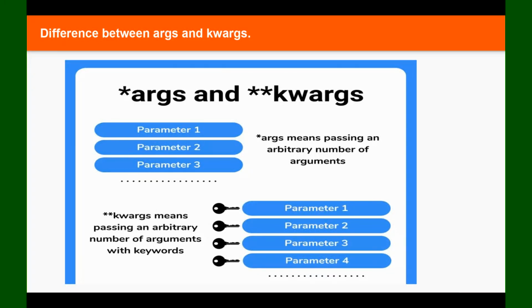We use *args for variable positional arguments. We use **kwargs for variable keyword arguments.